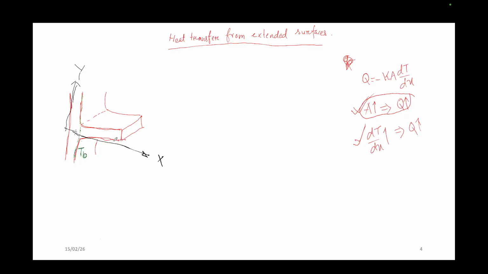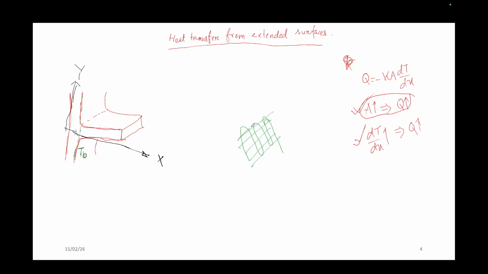So why am I drawing all these things? I hope that all of you have a fridge in your home. In the back side of the fridge, you can see this type of arrangement. Have you seen this type of structure?